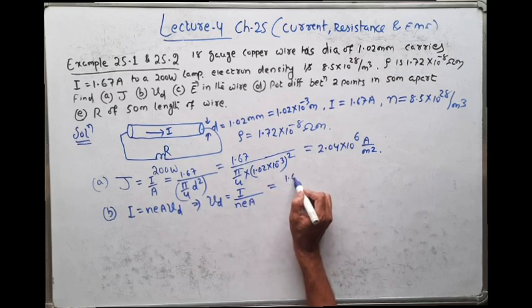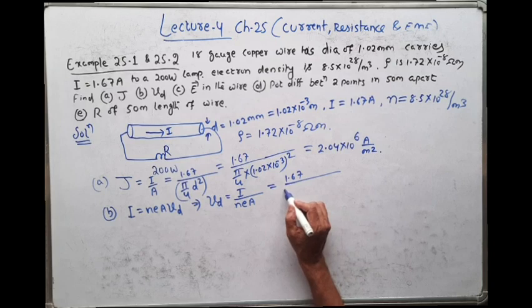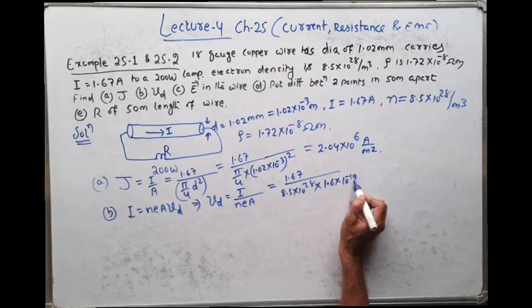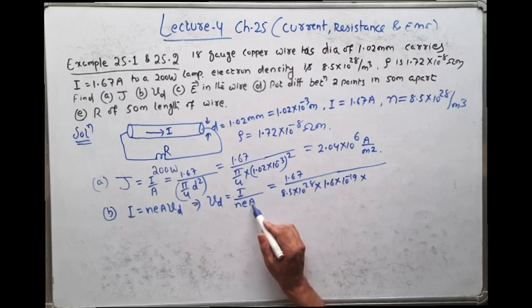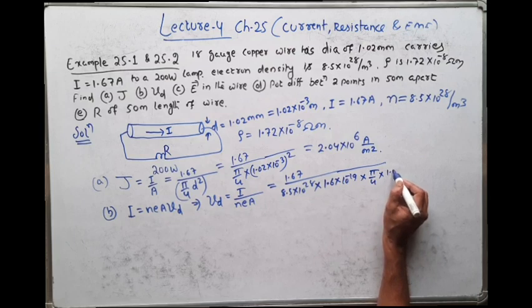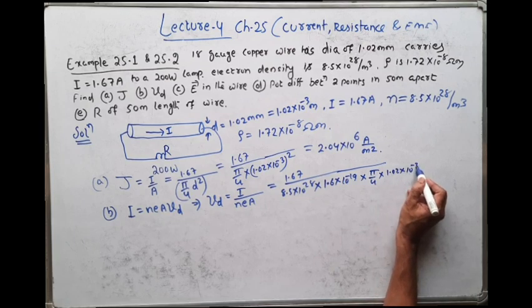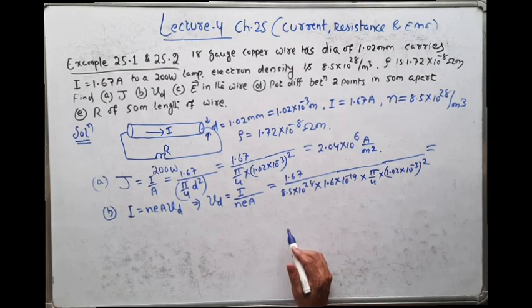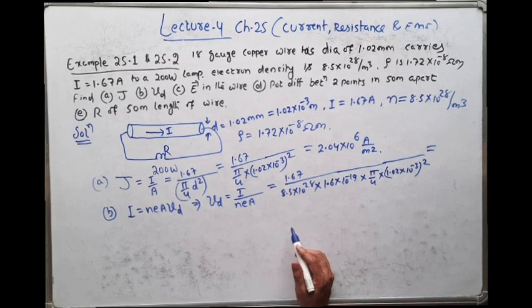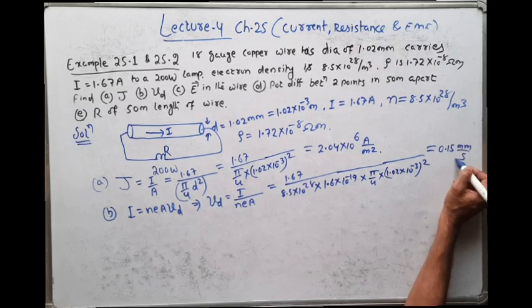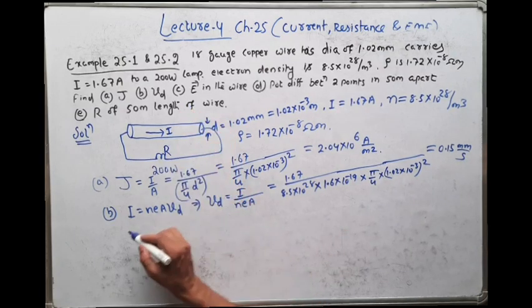So I is 1.67 divided by n, 8.5 into 10 to the power 28, into e, the charge of the electron, 1.6 into 10 to the power minus 19 coulomb, into the area, which is pi by 4 d square, with d equal to 1.02 into 10 to the power minus 3, whole square. If you calculate this, you will get the drift velocity as 0.15 millimeter per second. Then part C.